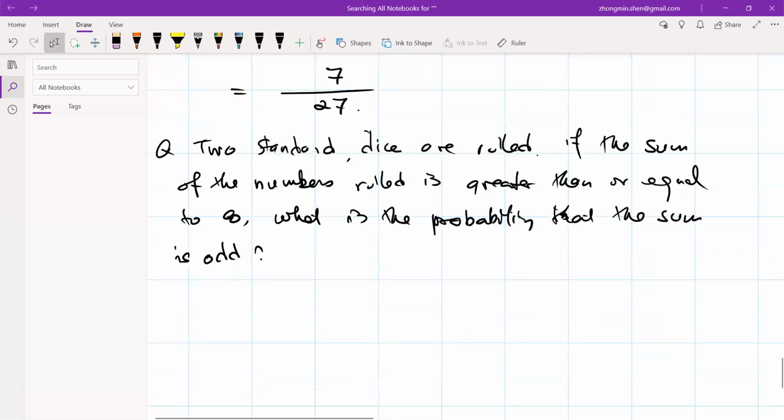So you get 2 numbers, and if the sum of the numbers rolled is greater than or equal to 8, you only consider those. Then what is the chance that the sum is odd?